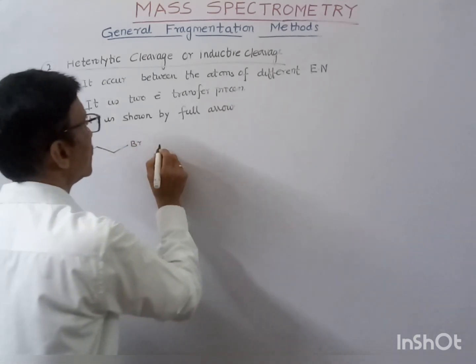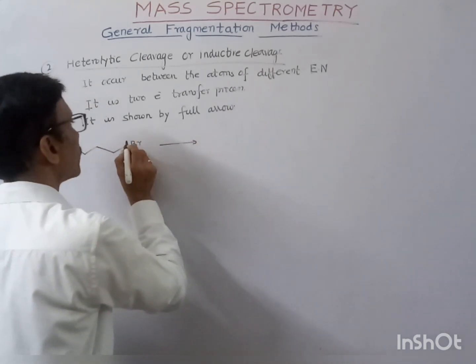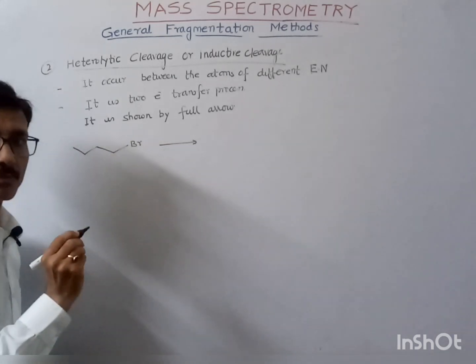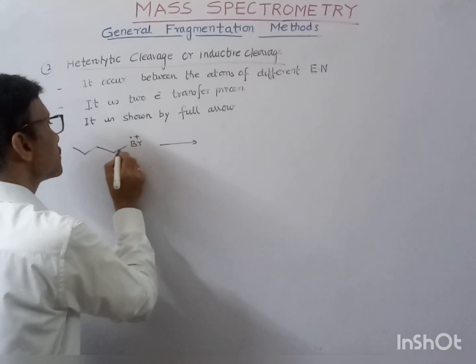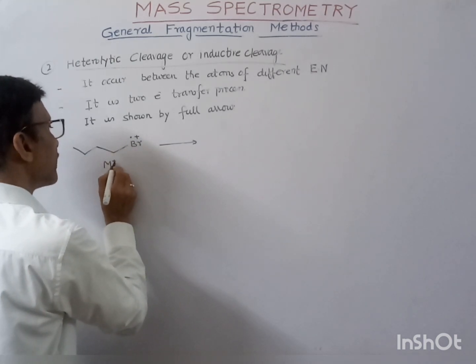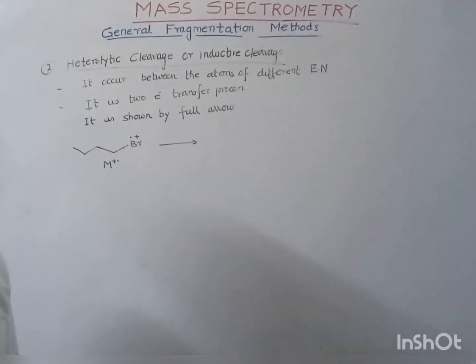Suppose you have an alkyl bromide. First of all we have the molecular cation, which is denoted by M plus, a radical cation.